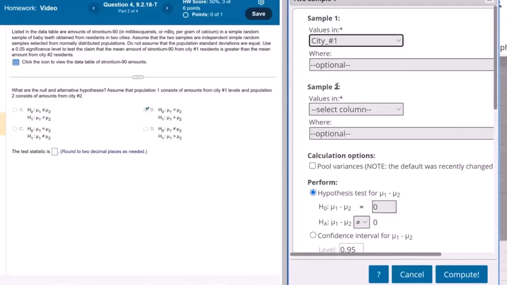City 1 is values in sample 1, and city 2 is values in sample 2. We already were told that we can't pool our variances. Then we're going to match these. If mu1 equals mu2, then mu1 minus mu2 equals 0. If mu1 is greater than mu2, then mu1 minus mu2 has got to be greater than 0.